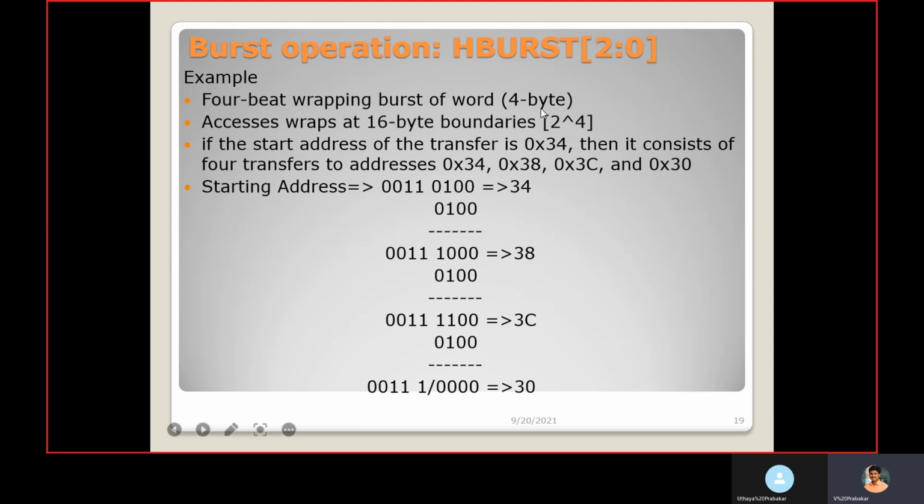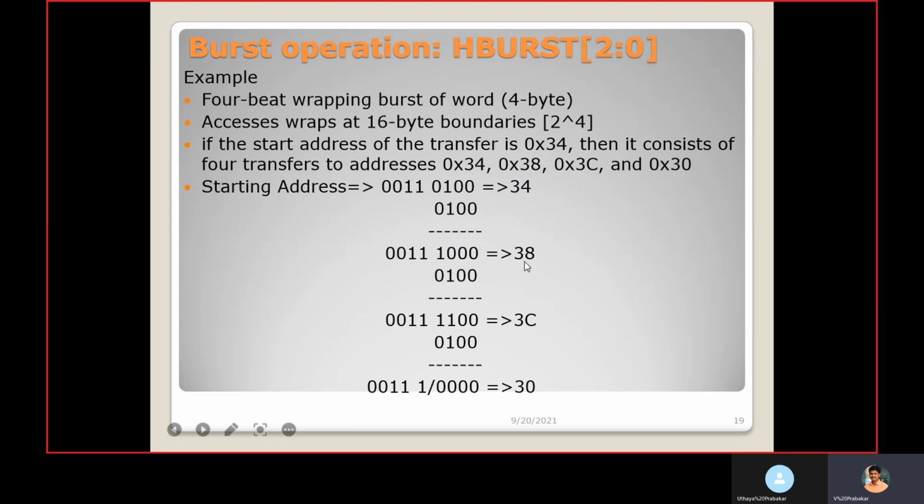Each transfer means 4 bytes of data is going to be transferred, so the next location to store the data can be identified by adding this 4. Adding 4 to 0011 0100 gives 0011 1000. This is 3 and this is 8.